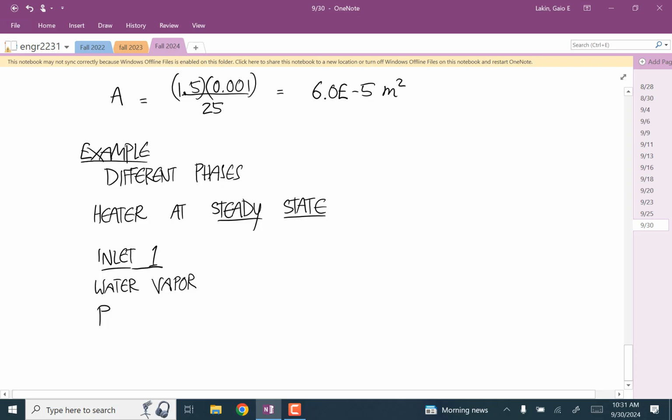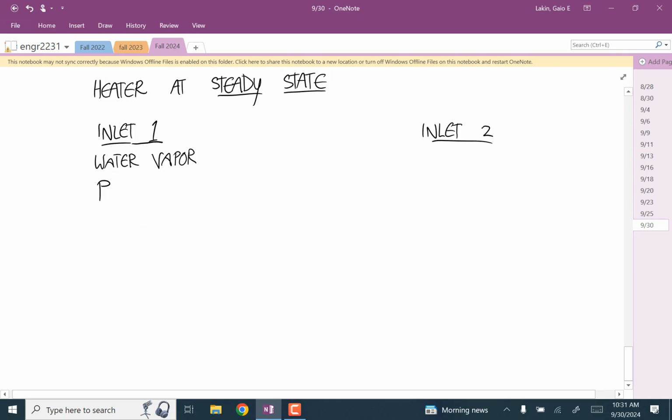So we have an inlet 1, an inlet 2, and then we're going to have an exit. Inlet 1 is water vapor, steam, with a pressure of 7 bar, a temperature of 200 degrees Celsius, and a mass flow rate of 40 kilograms per second.